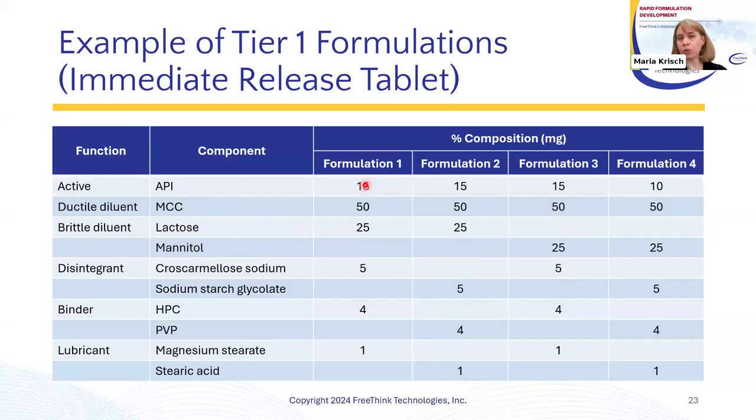And there's also 3 formulations that have the same drug load and then 1 where it's been varied a little bit. So these are the types of things that you can vary in these formulations. And again, any of these formulations are reasonable formulations that you might be able to move forward with if they have adequate stability.